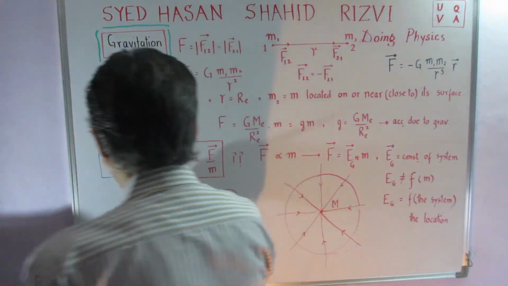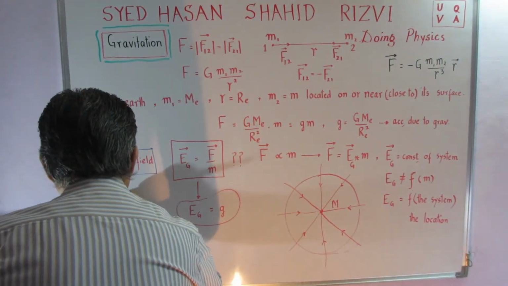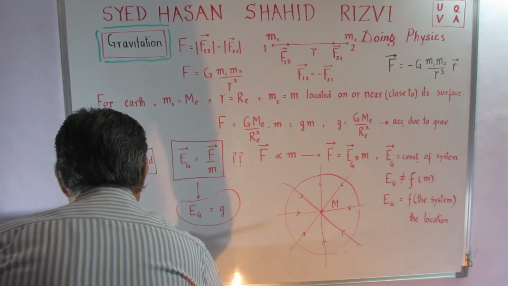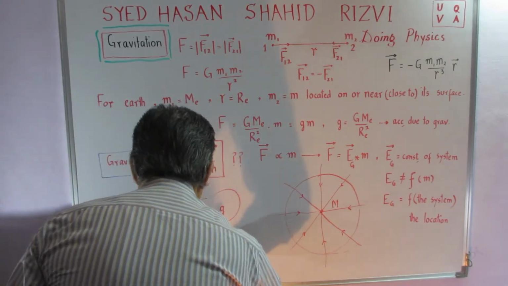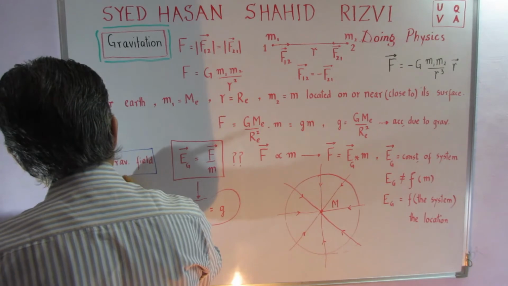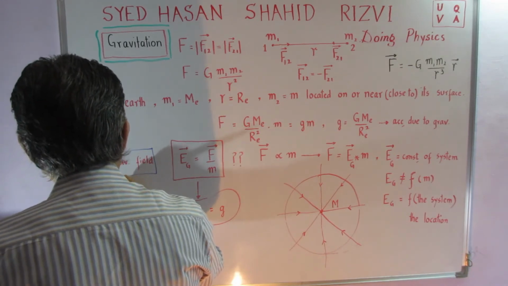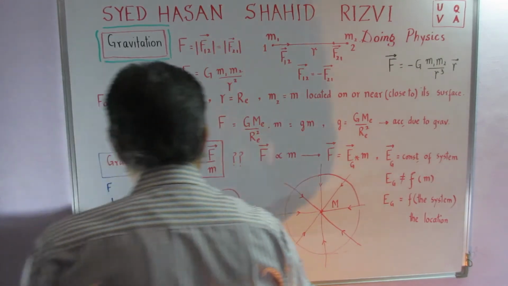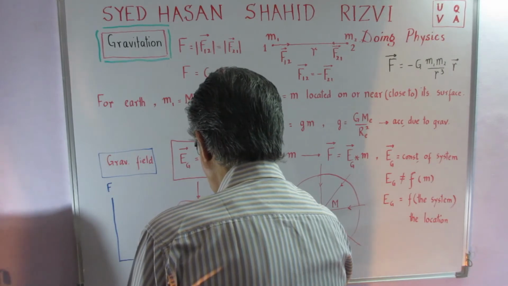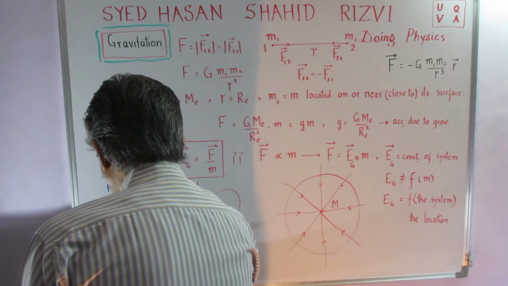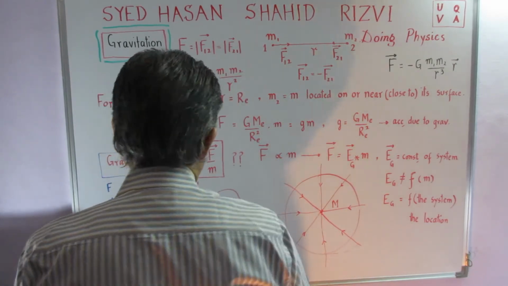Of course, I can say that there is a relation like this. This is F and M. So this goes like this.